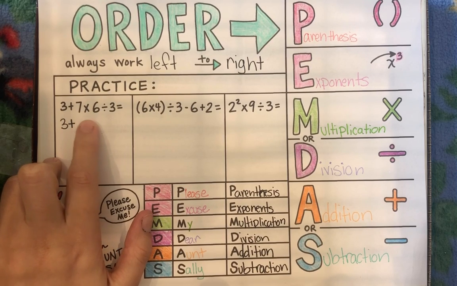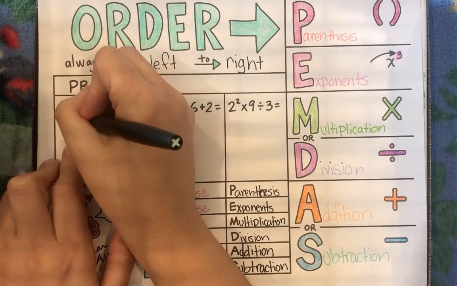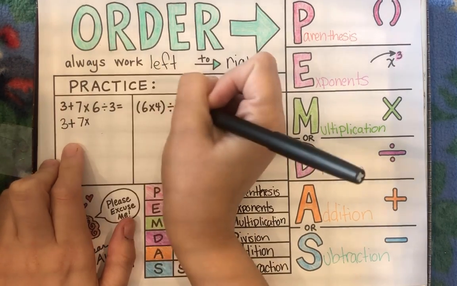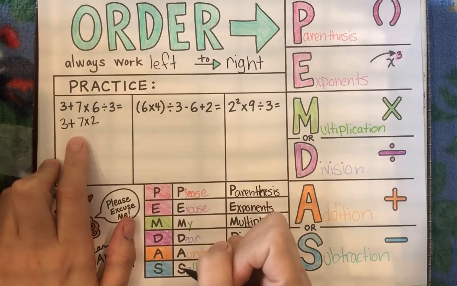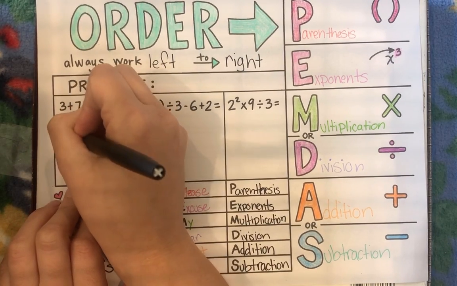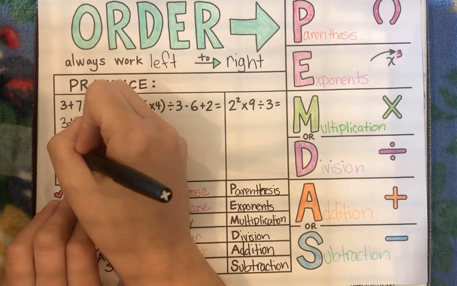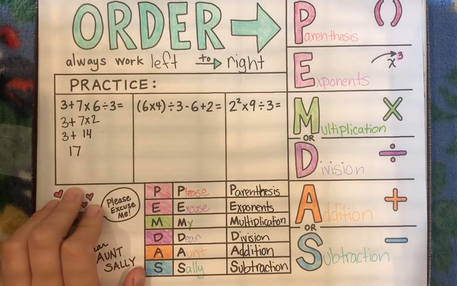We can multiply first, or we can divide first. Either one is fine. So I'm going to do 7 times 2, and then I'll add 3 plus 14, and we'll get our answer, 17.